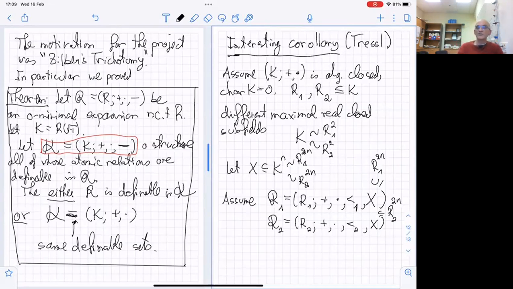You just look at the imaginary and the real parts of the sets. And so if X was an algebraic variety in K, there will be no problem because X will be definable in R1 and definable in R2. Everything is fine. But in general, we don't know what kind of a strange object you will get, but assume both are O-minimal.